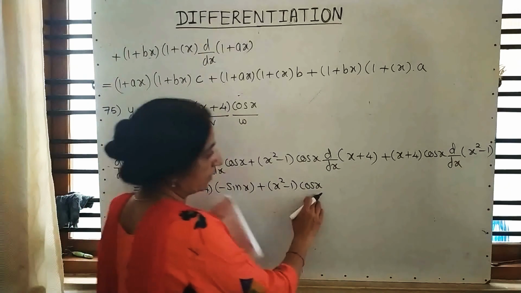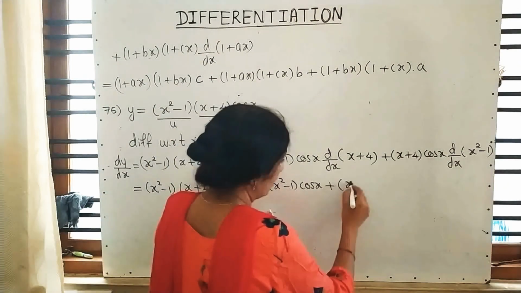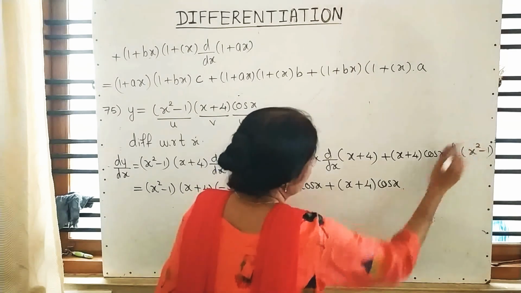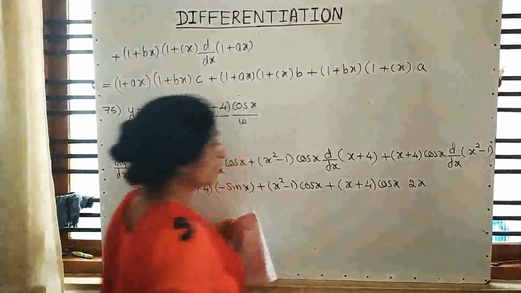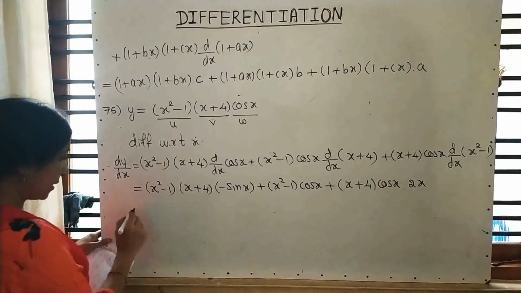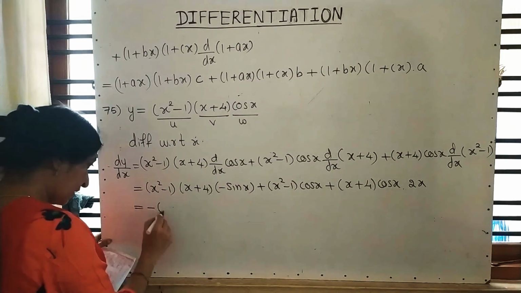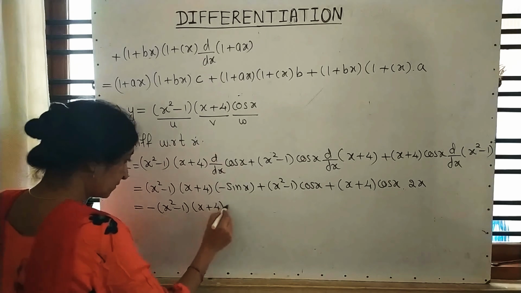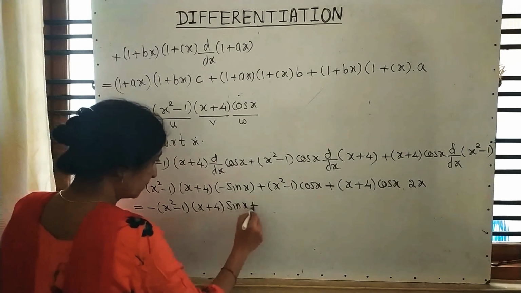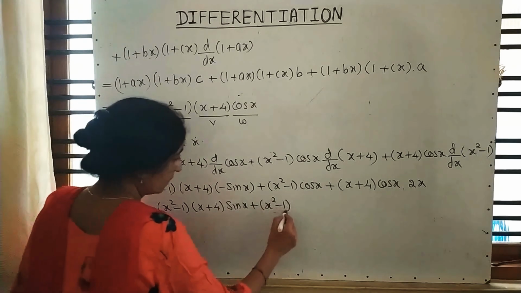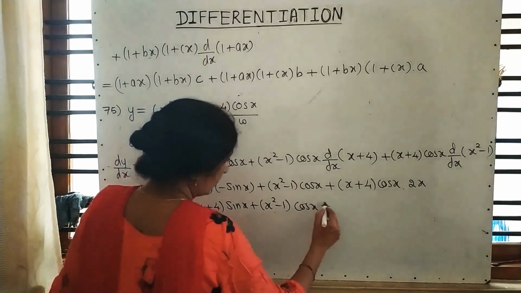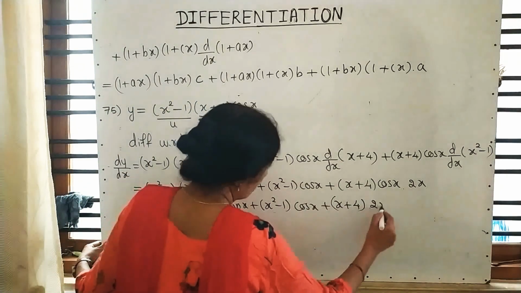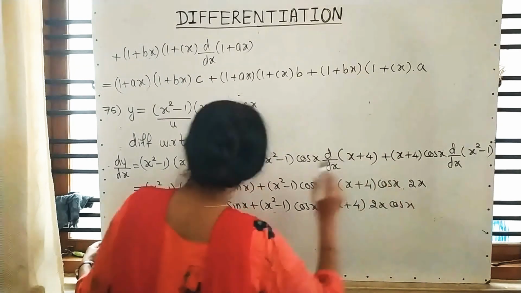That's why I am writing only this much. Plus x plus 4 into cos x. Differentiation of x square will be 2x. And because of this minus sign, I am rewriting the last answer once again. This is the final answer.